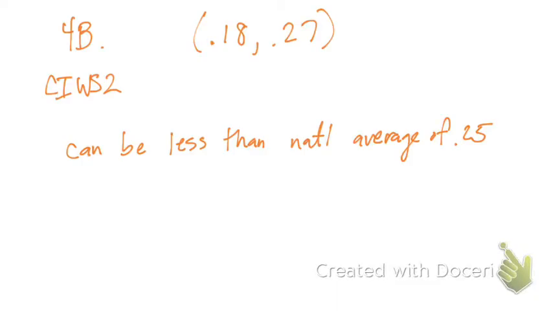So 4B on the confidence interval worksheet number 2, you calculate a confidence interval, and then it asks, can the proportion be less than the national average of 0.25? Essentially the question is asking, can the population proportion P equal 0.25? Like, is it within the range?